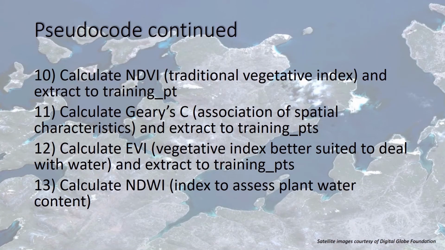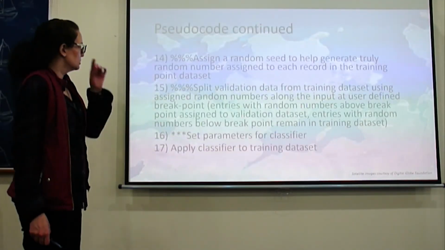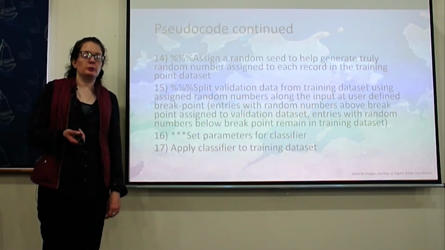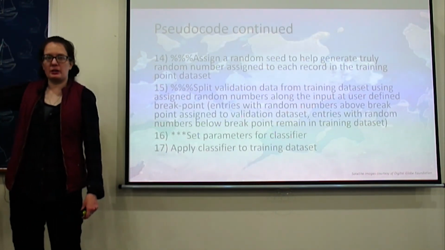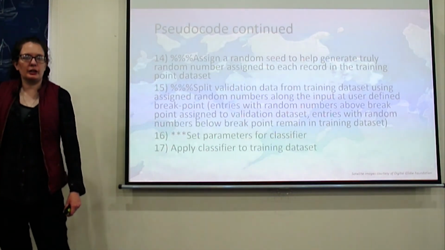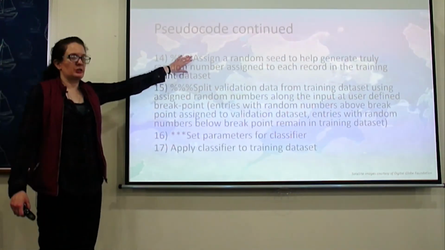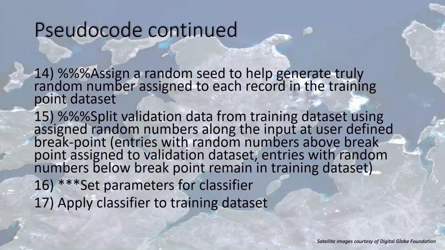All right, so the next thing that we do, and this is what we were talking about yesterday, is we split off a subset of our ground truthing data and hold it to the side and use it later on to test how well our map turned out. Well, right now, this is exactly what we're doing. We're pulling a subset of our ground truthing data aside, saving it as a new file, and we're saving the rest of the points in another file.